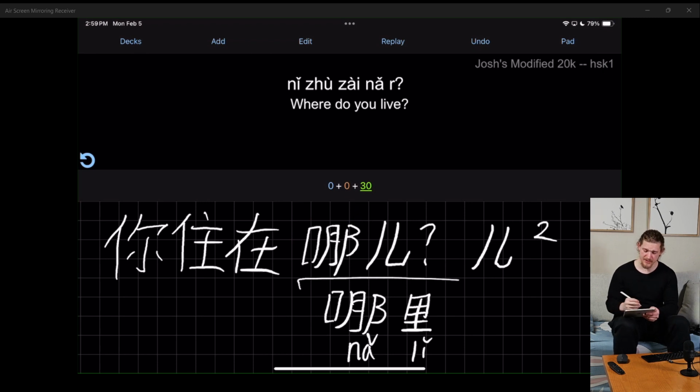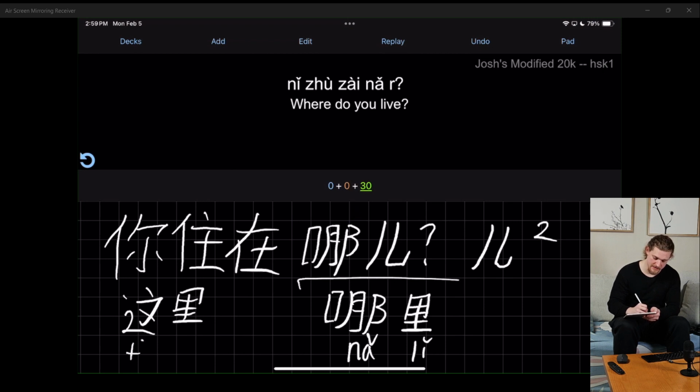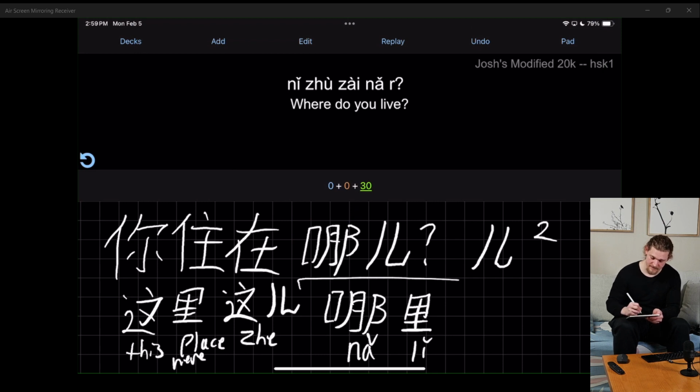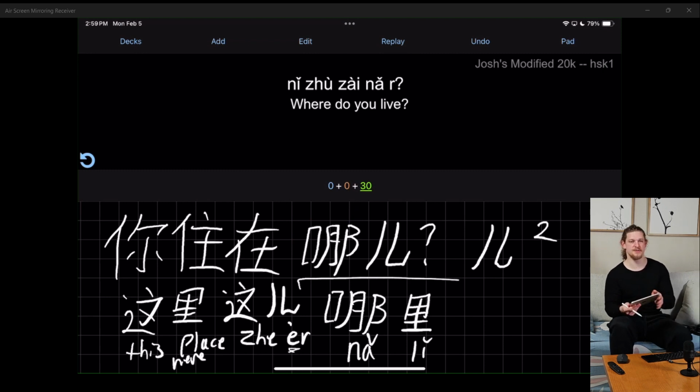So you can also do this with 这. So you could say 这里, which means this place, right? Or here. 这里 means this place or here. Or you can say 这儿. And that extra E in the R is kind of dropped. So, well, I can say 我住在这里, as I live here.